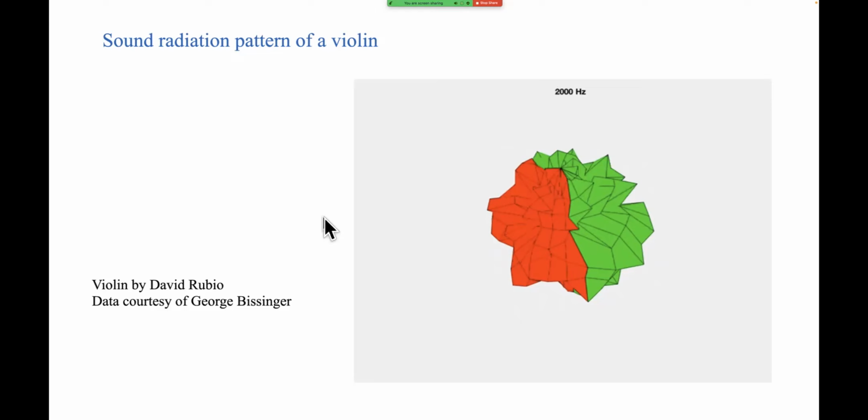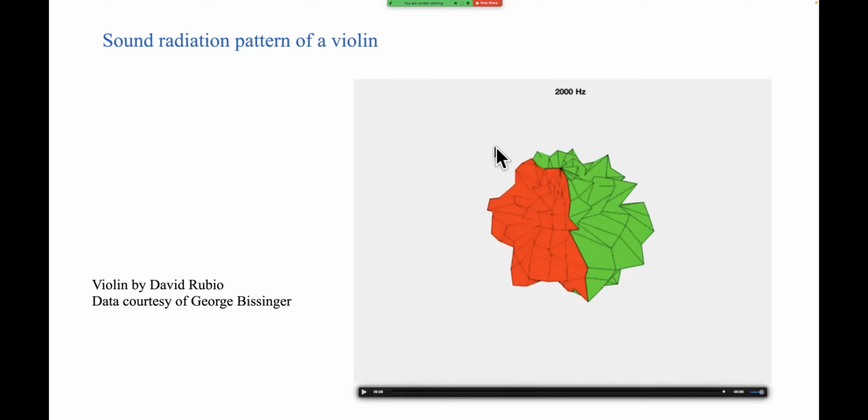Different parts of the violin are vibrating in different directions and in different phases, and those combine to produce rather complicated patterns. We've ended up at 2 kilohertz here, and by now the radiation pattern has got lobes in it. There are certain directions where it radiates rather strongly and other directions where it's much less strong.